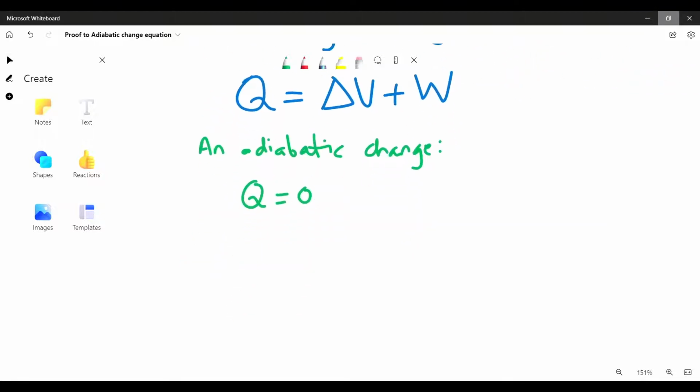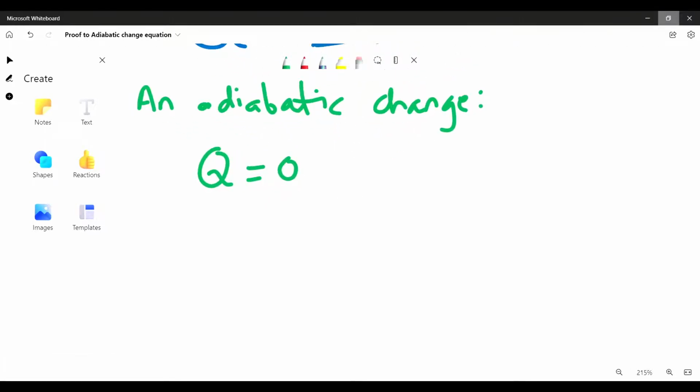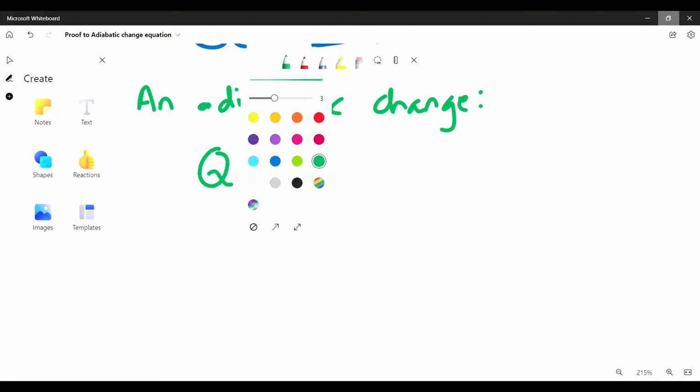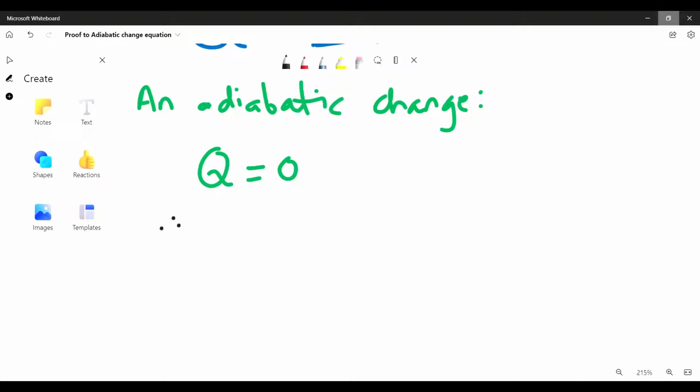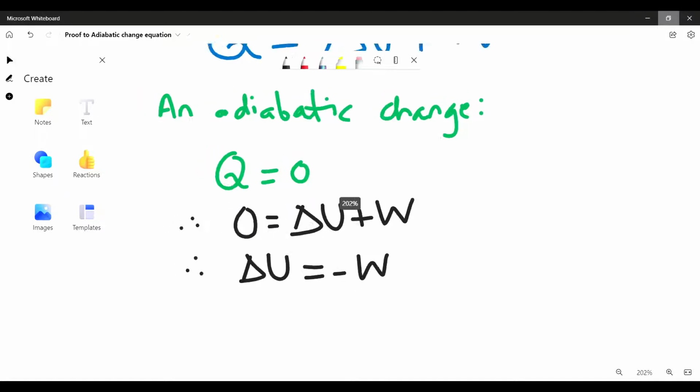And we know this because it happens so rapidly that no heat transfer can take place. So we can start off by just rearranging this, and then this can be our first step. So we get, therefore, 0 is equal to delta U plus work, and therefore delta U is equal to minus work.